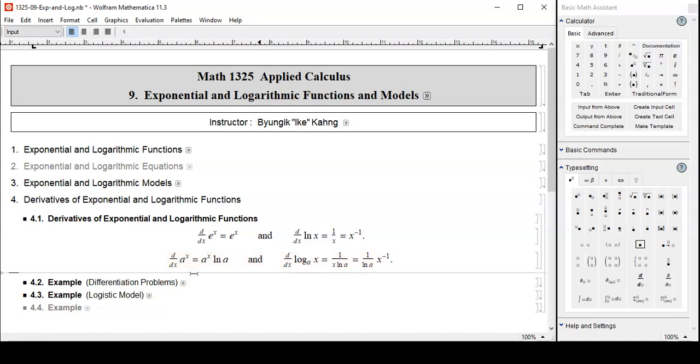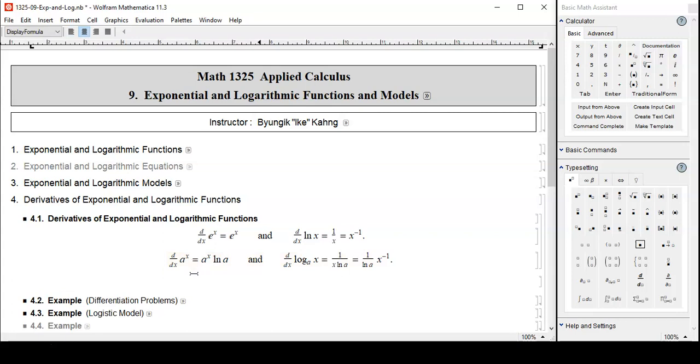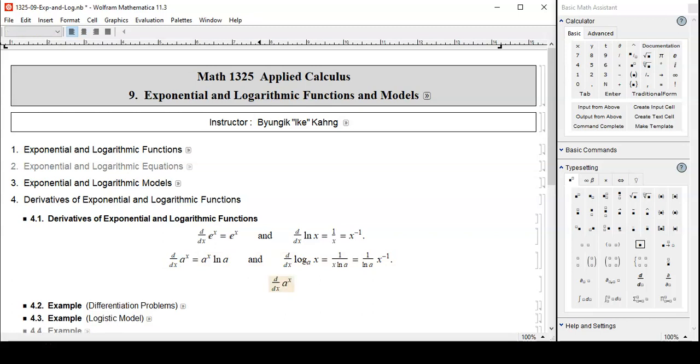Now, why is that? Well, you can do this computation like this: the derivative of e to the x natural log of a, by the change of base formula.